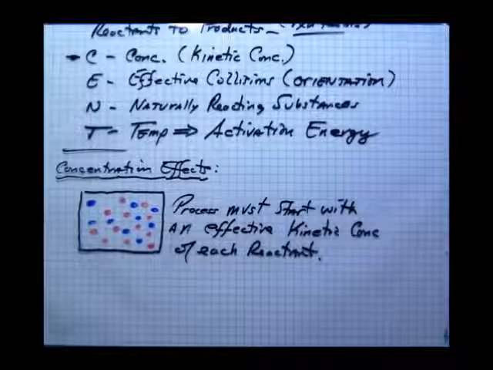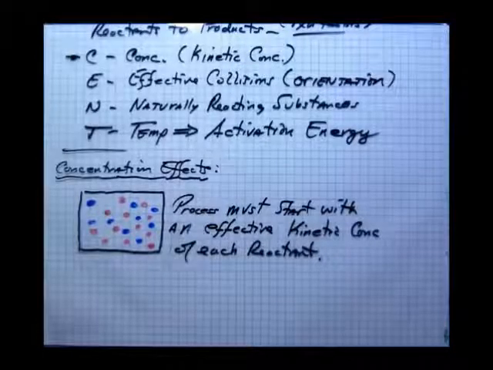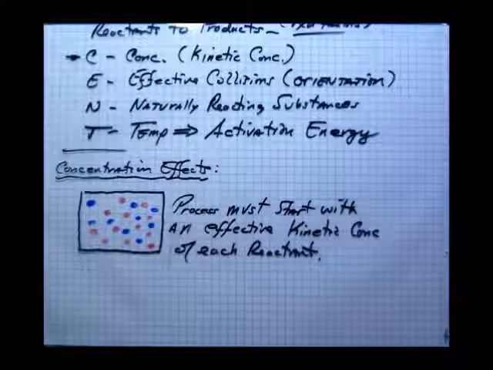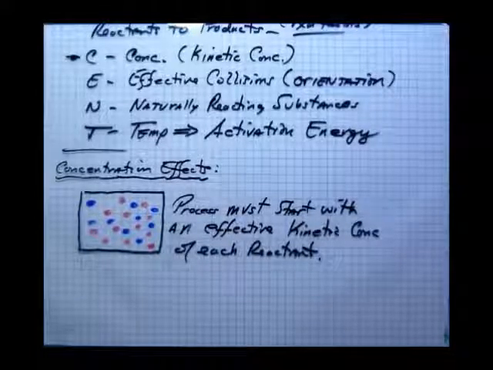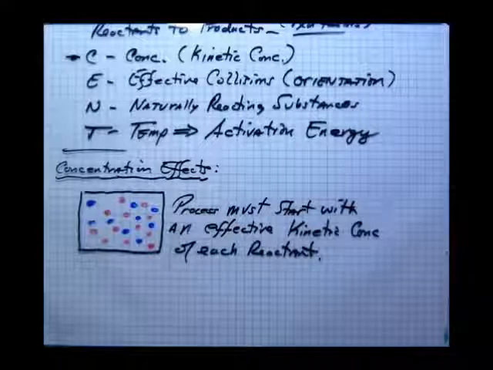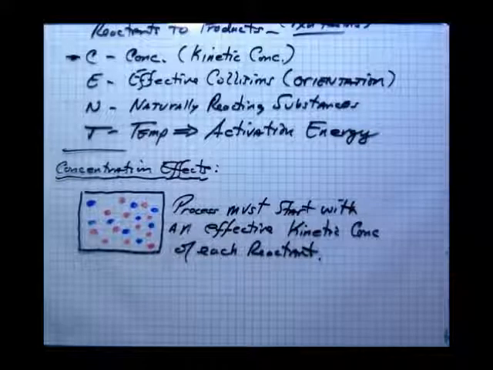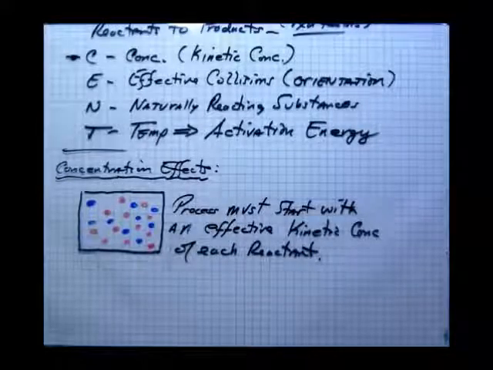Now, one little sidebar here. In the practical world, the concentration of one of the components typically will be significantly higher than the other, so that you can get complete consumption of the other.